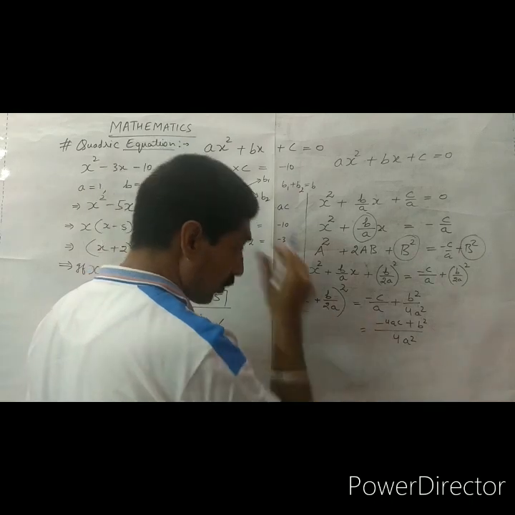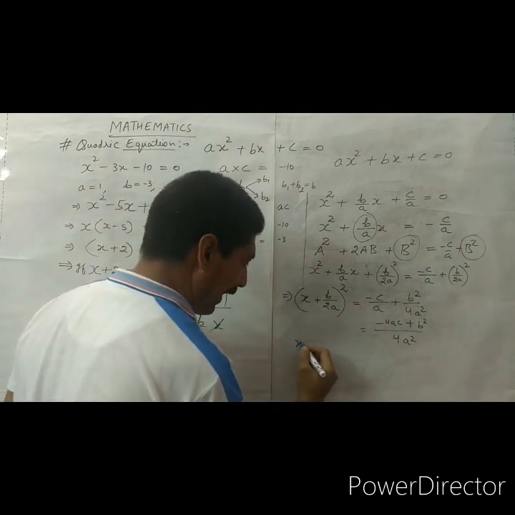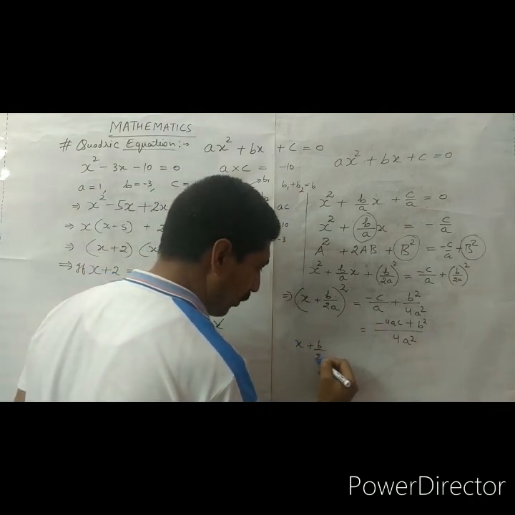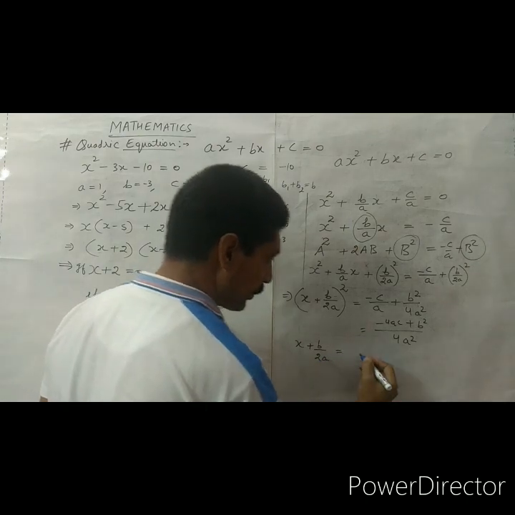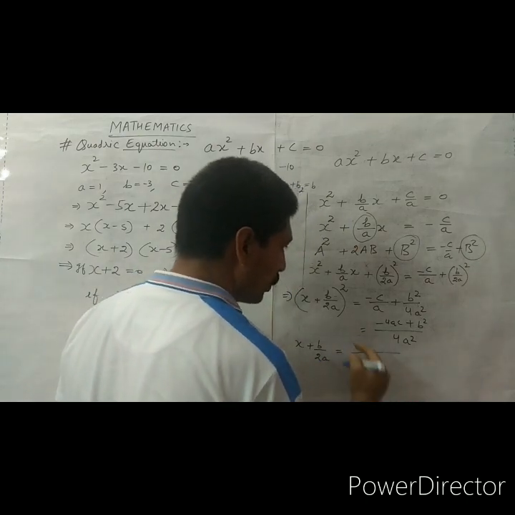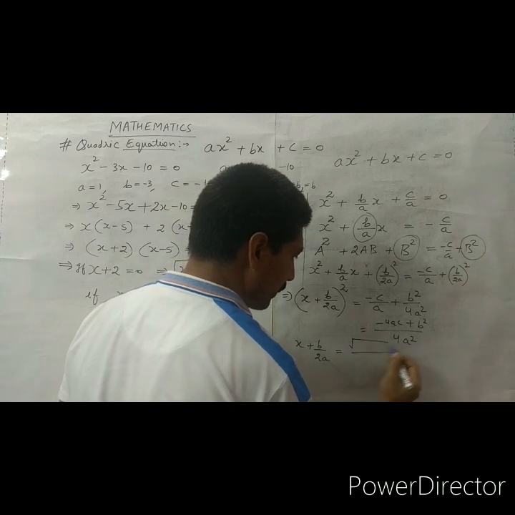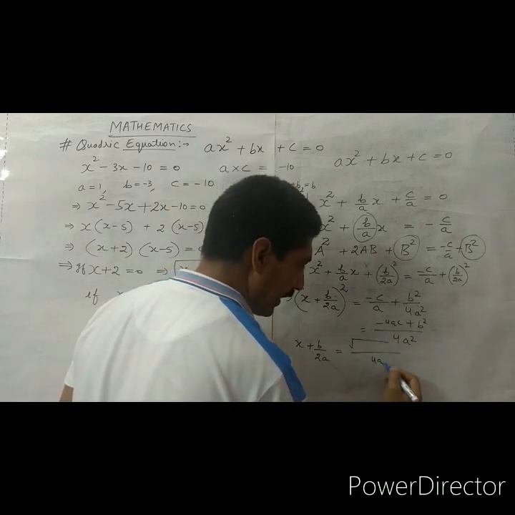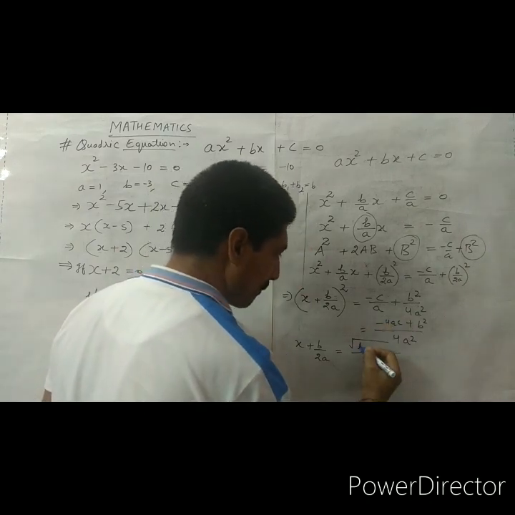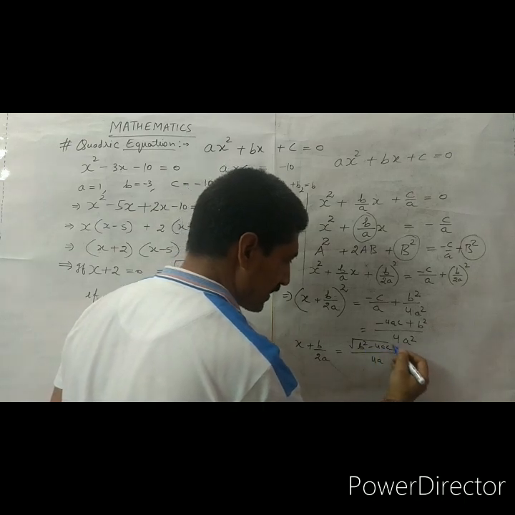Now taking under root on both sides, we get x plus b upon 2a is equal to under root of b square minus 4ac, over the under root of 4a square.